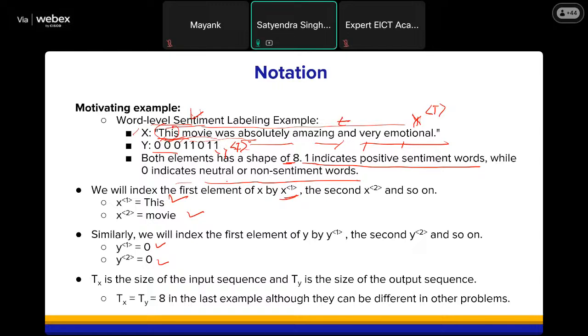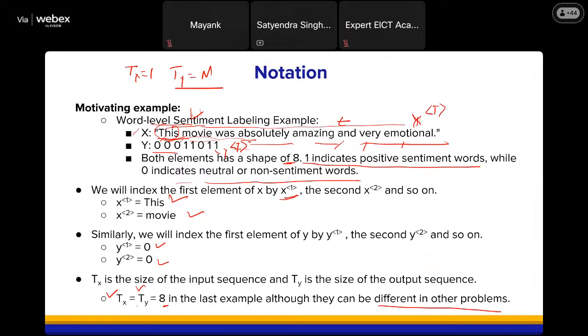So in this particular problem, word level sentiment labeling, the size of the t input and the size of the output are both the same. In other problems they might be different. For example, in music generation, you might have only one input, so tx is one, whereas ty could be n.